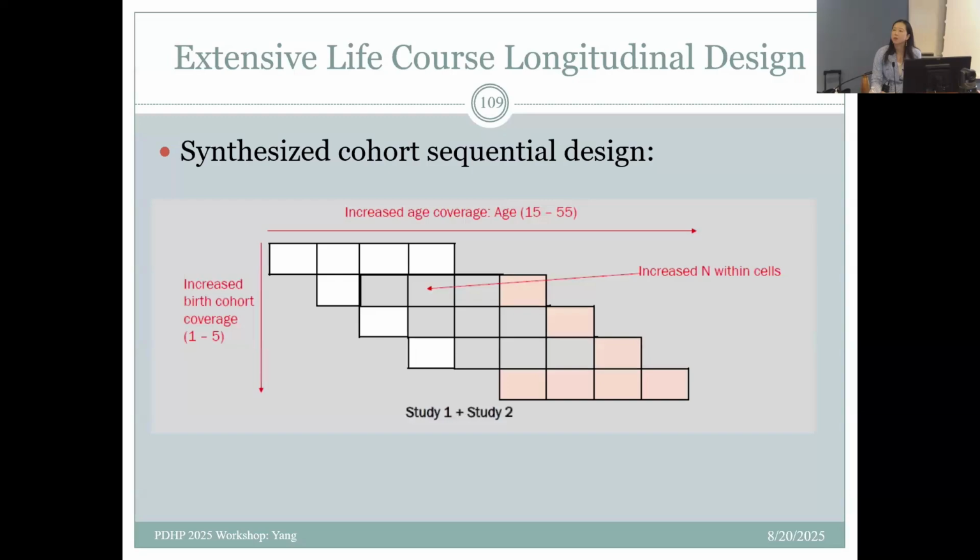You've answered it for me to make sense, which is if I have, say, multiple cohorts, 3, 4, or 5 of them, it's the age range that they're covering that's the problem here. Like if there's gaps between them, it becomes an issue. But if it's the gray bit in this slide that you're talking about, the increased N within cells, that needs to have the overlap, I presume. So say I've got 4 birth cohorts born in 58, 70, millennium cohort, etc. But then I want to substitute some of the older attrition with, say, the English Longitudinal Study of Ageing, for example.